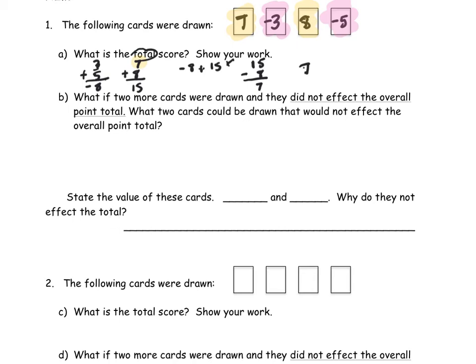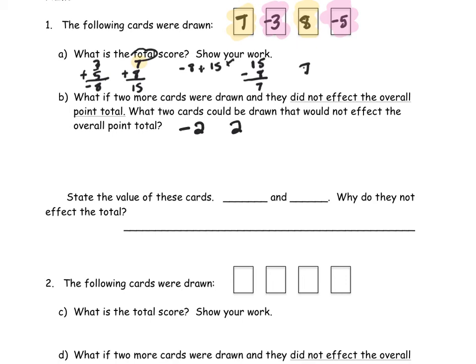So what I'm thinking, if it doesn't affect the total, I really want the value to be 0. And if I need 2 cards whose value is 0, I need additive inverses. I need opposites. So if I decided that I'm going to use a card of -2, that would be 1 card, then I would have to use its additive opposite, which would be 2.